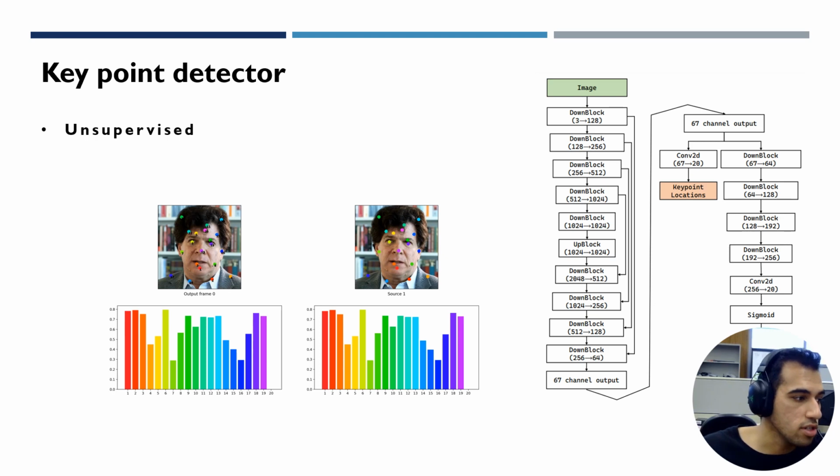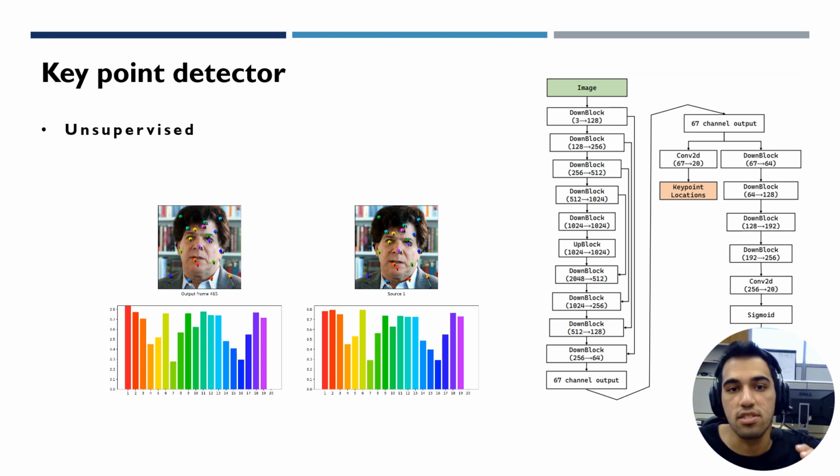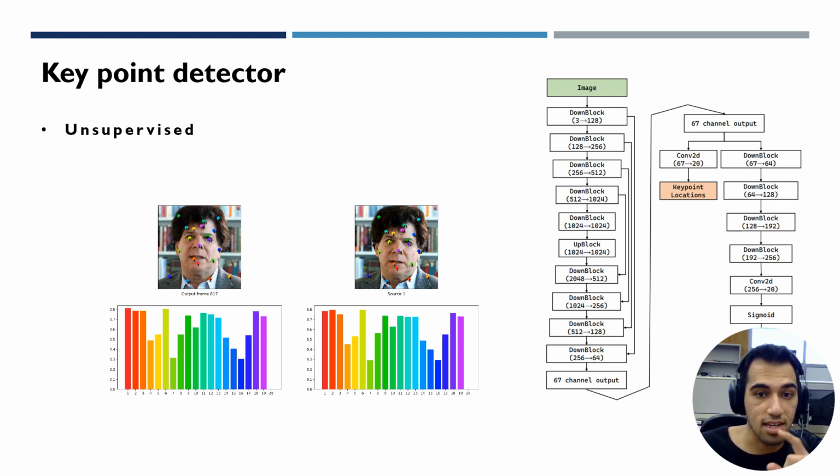And as you can see over here, I mentioned that one of the features that we also extract is the key point strength. The person on the left is talking, and based on the location of those key points as the person moves, we're going to have different strength and magnitude for the key points. It tells our model how obvious those key points are in the space. And as you can see, the key points are learned in an unsupervised manner.